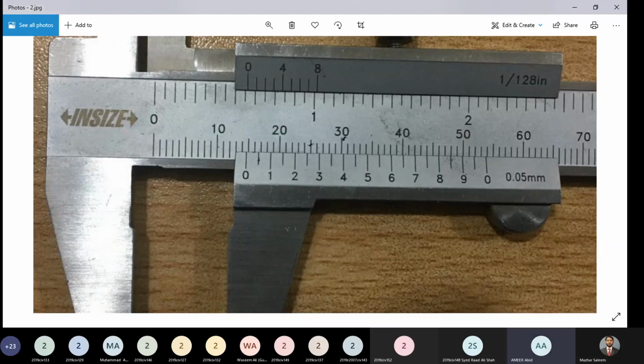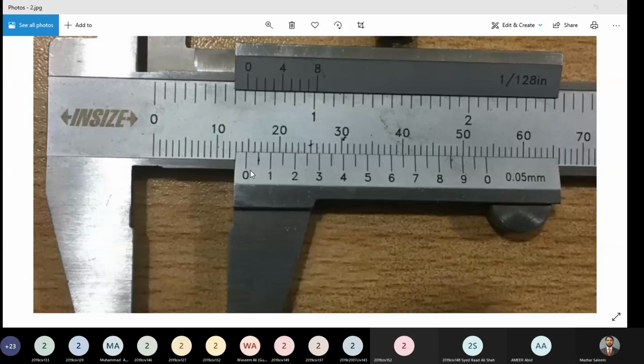Okay, sir. Sir, here instead of 14 we could also take 15, it is also close to 14, the 0 is in between 14 and 15. The 0 is at the center. That is actually, we want a precise reading. We do not want to make an approximation. That is why we are using the vernier scale. If we did not want a precise reading, we would not have used vernier calipers. Using an ordinary scale, we could have said that this reading is 15 millimeters and that's it.